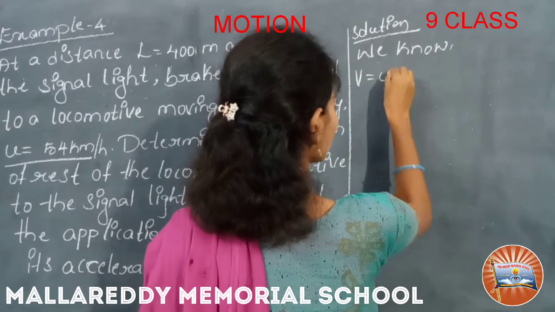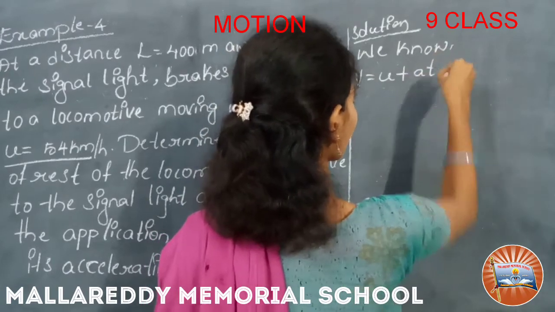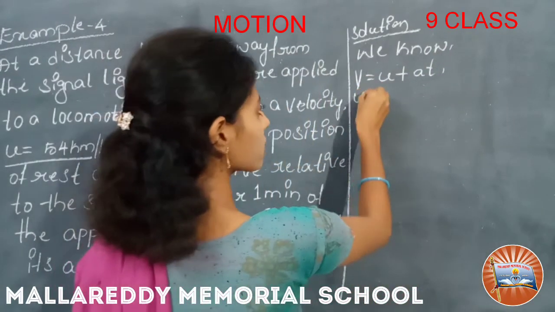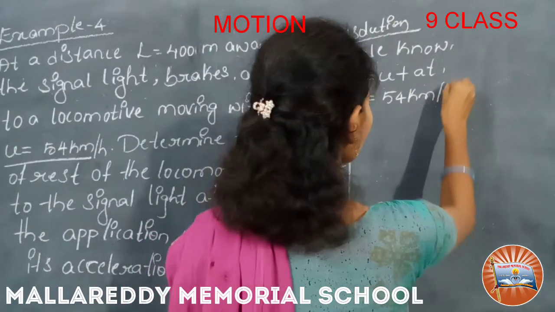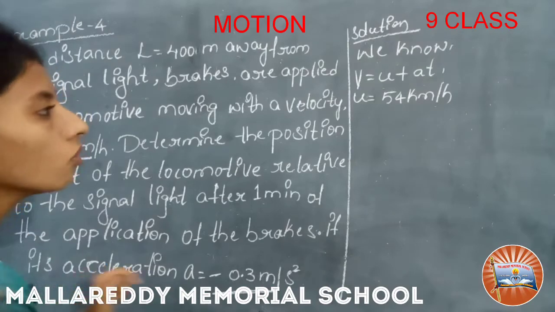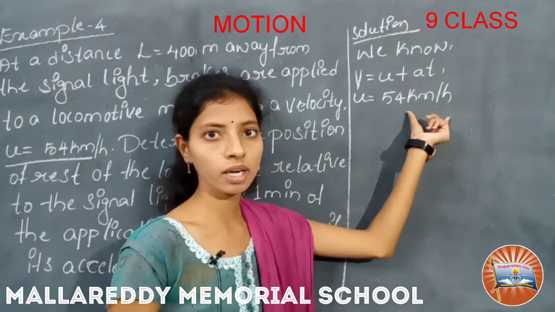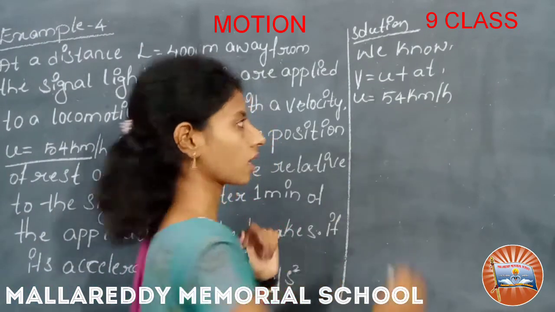v is equal to u plus at. Here u is given, that is 54 km per hour. Now we have to convert this kilometer per hour into meter per second.